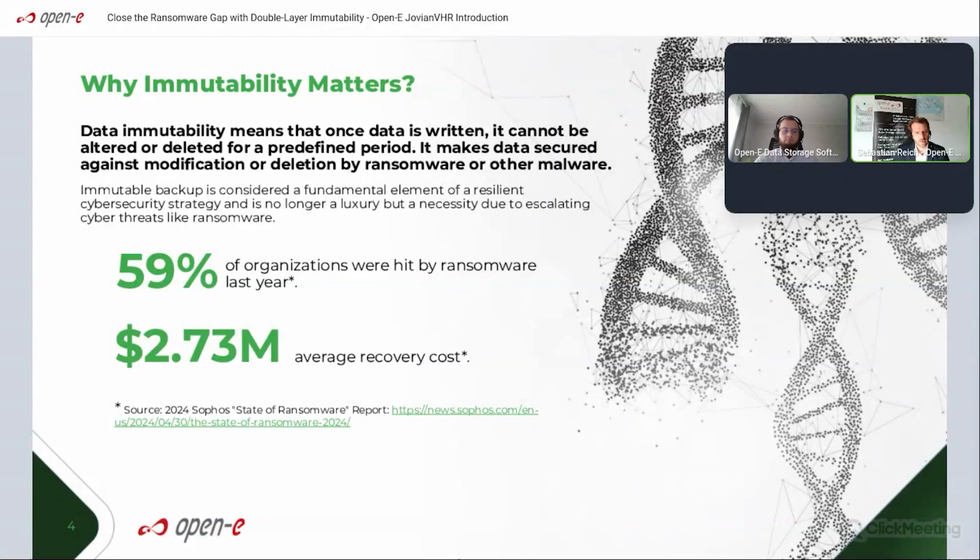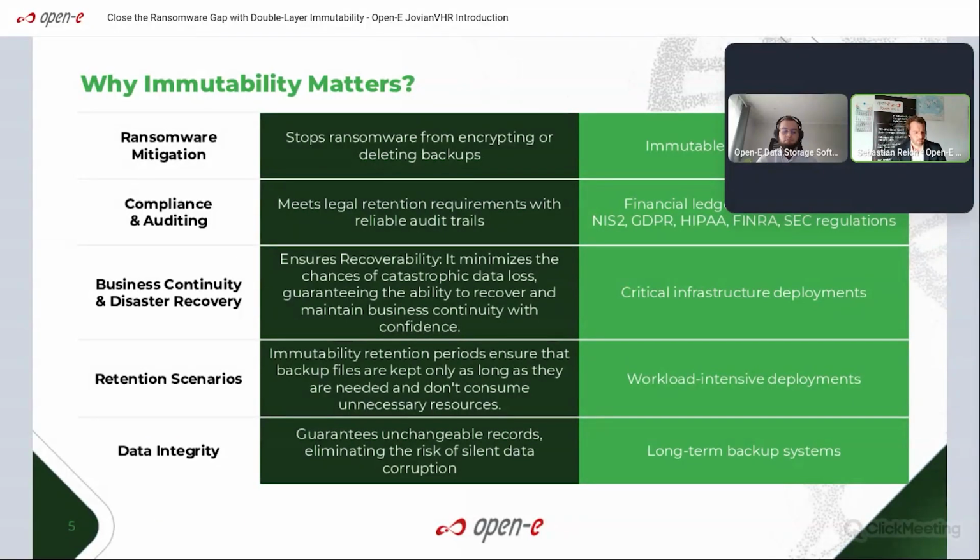Almost 60% of all organizations worldwide were hit by ransomware just in the last year, and the recovery cost is about 2.73 million per case, which is ridiculous, I think, according to the Sophos State of Ransomware report from last year. We also show some other reasons why it is so important. First of all, we have to know that Veeam backup servers can also be encrypted, and that is often the case.